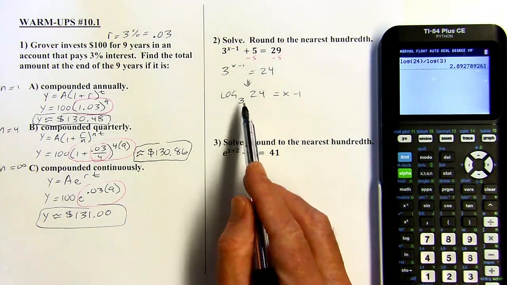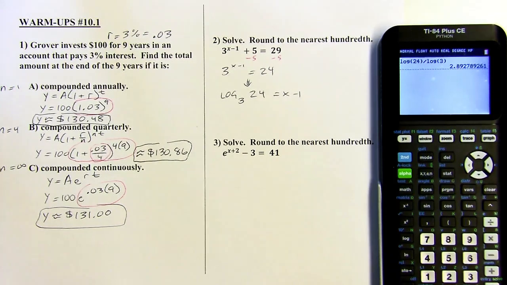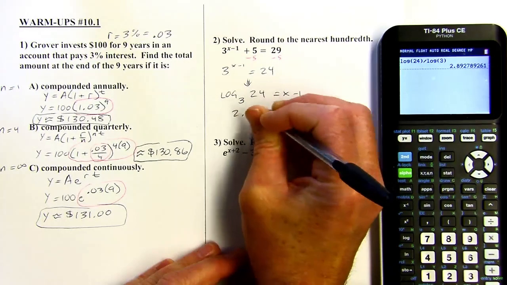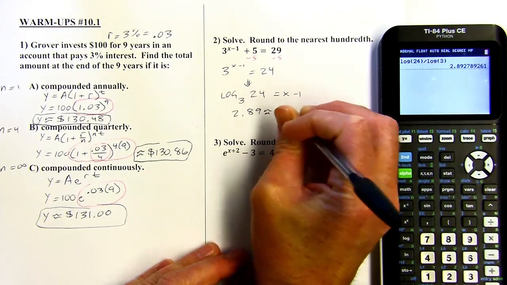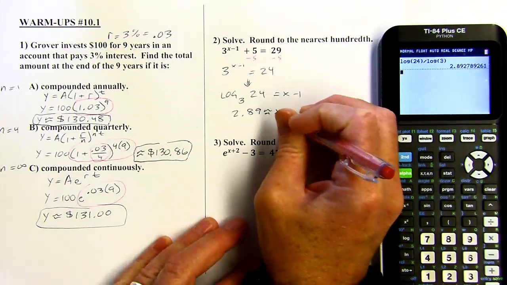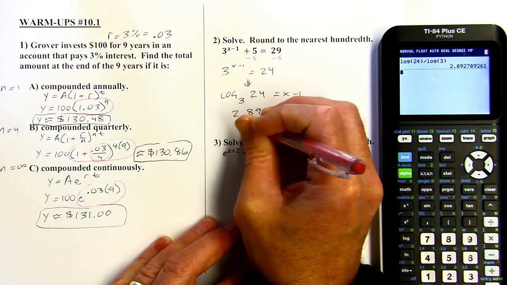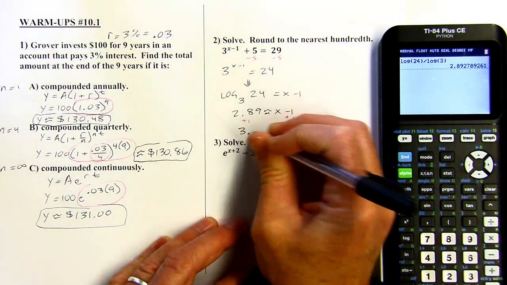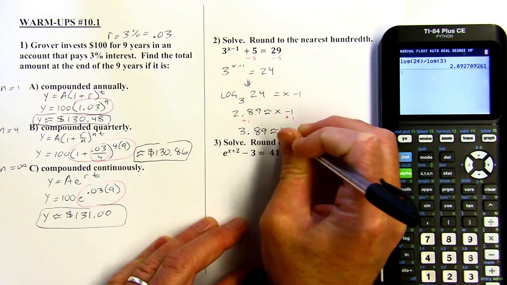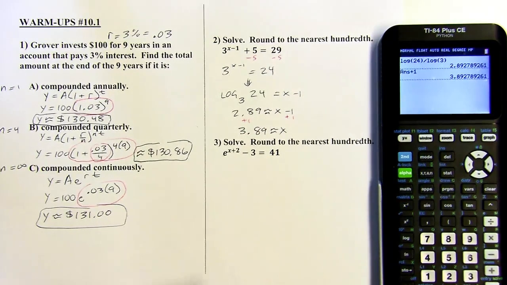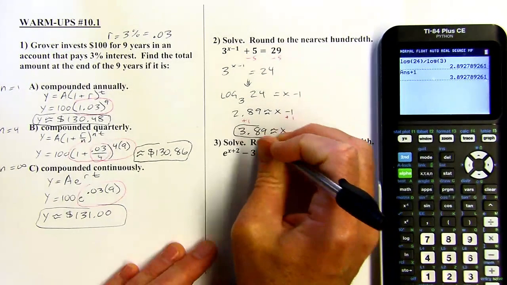That's how I'd put in log base 3 of 24. So then this is about 2.89, and I want to add 1 to that. So I'm going to get about 3.89, right, when I add 1 to that. All right, so there's that one.